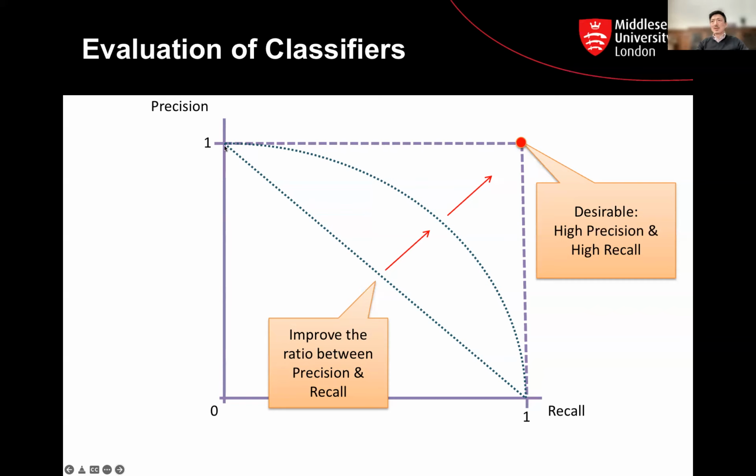At the other end, and it's not exactly one, you can say, okay, I only pick one person who I know definitely has cancer and ignore all the others. Then your precision will be quite high, but you're going to be missing lots of people who actually have cancer in the data set. So you can have high precision and low recall.